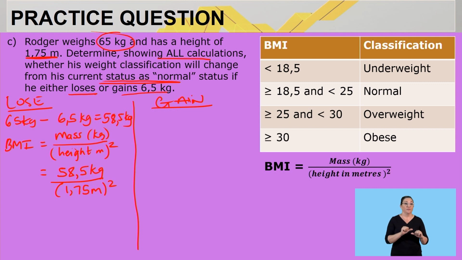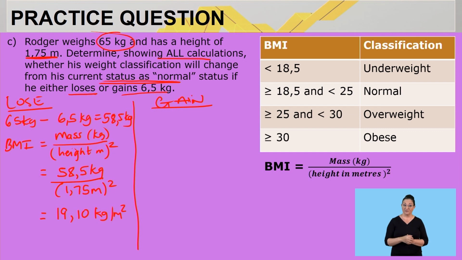So 58.5 divided by 1.75 meters squared. That will give me an answer of 19.10, rounded to 2 decimal places. That is kilograms per square meter.